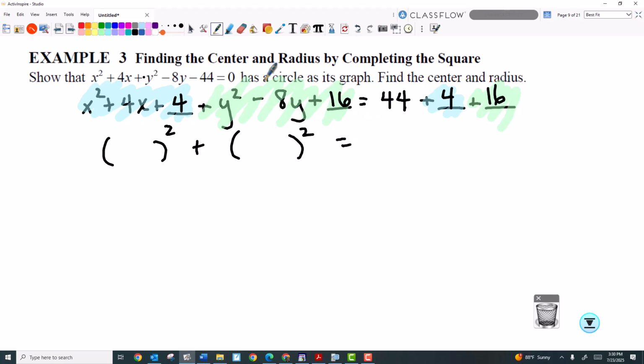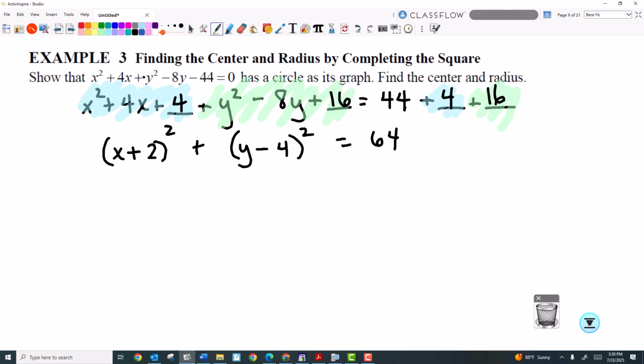Okay, so we're going to do it just with the blue. So it's going to be x plus half of 4 is 2 squared, and then y minus whatever the sign is there, that you bring it down. So if that's a plus, that's a plus. If that's a minus, that's a minus. Half of 8 is 4. And then 44 plus 4 is 48 plus 16 is 64.